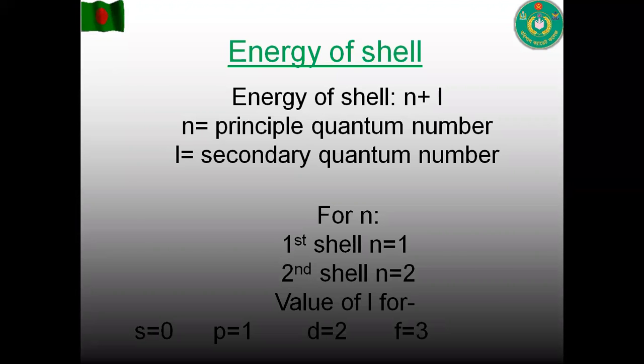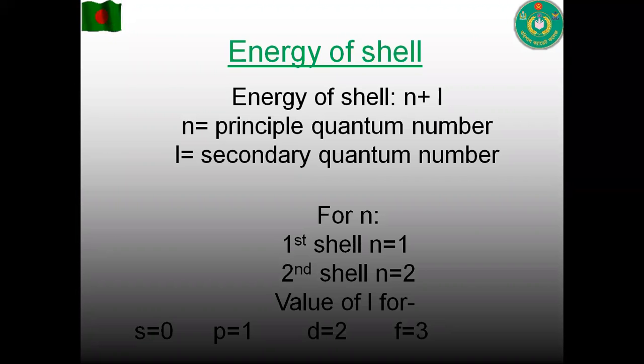Here, l is the secondary quantum number. For the s orbital, the value of l is 0. For the p orbital, l is 1. For the d orbital, l is 2, and for the f orbital, 3.